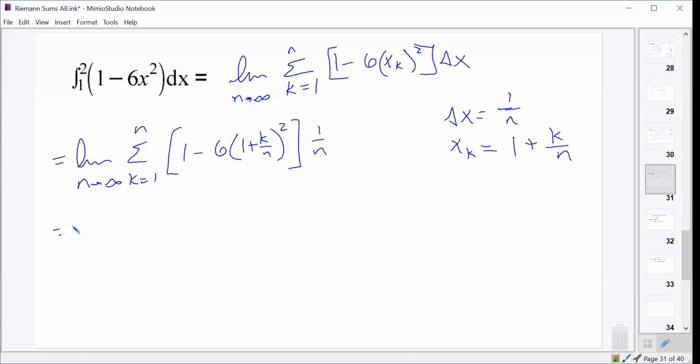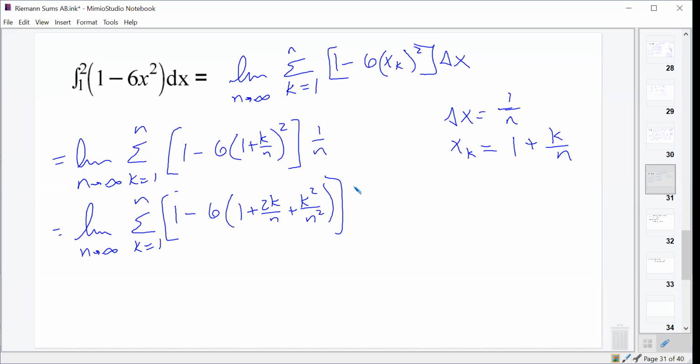All right. So then we've got a limit as n approaches infinity of a sum from k equals 1 to n. And now we will distribute out this 1 plus k over n squared. So we got 1 minus 6 times 1 plus 2k over n plus k squared over n squared, all times 1 over n. Everybody good to there? Okay.